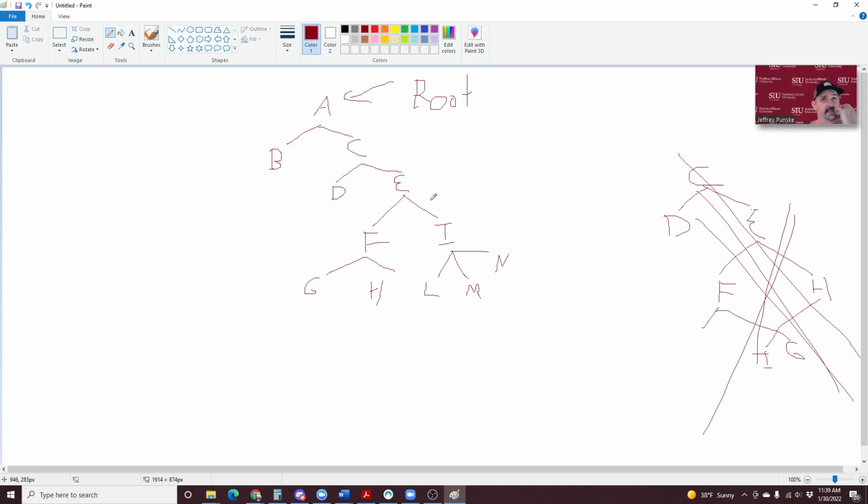Now, there's two ways we can formally define the notion of a constituent. To do that, we're going to have to think about what this means. So let's look at some of these elements of this tree and think about what the constituents are.